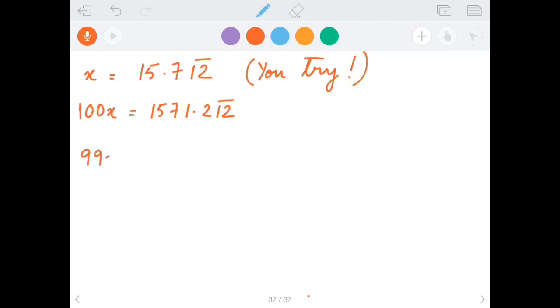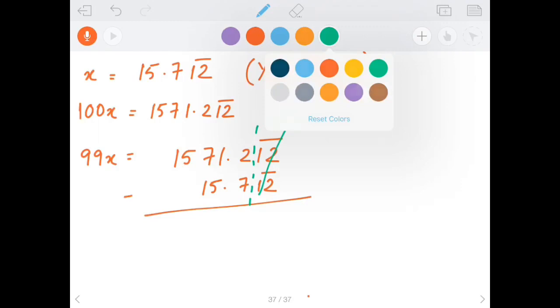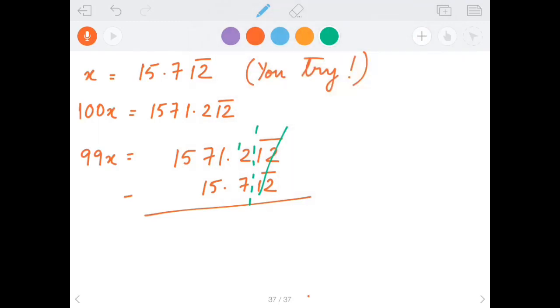And then I'm going to directly subtract, getting 99x equal to 1571.212 bar minus 15.712 bar. This is easy. This is just going to get cancelled off because that's your repeating pattern. Just find the difference. So I'm quickly going to do the borrowing and subtraction here.